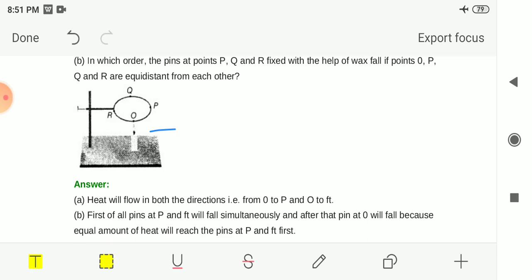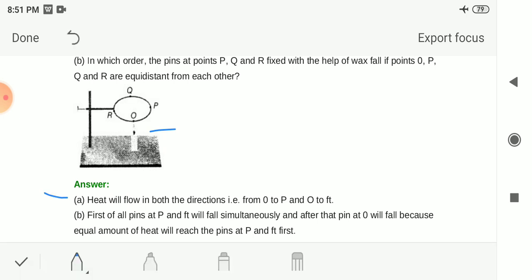So the first answer is that heat will flow in both directions, from O to P in this direction and from O to R, which is here. So heat will flow in both directions, from O to P and from O to R. Next, the second answer: first of all, the pins at P and R, here and here, will fall simultaneously, and after that the pin at Q will fall, because an equal amount of heat reaches the pins at P and R first.